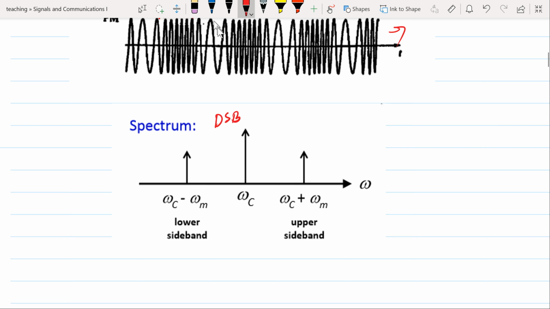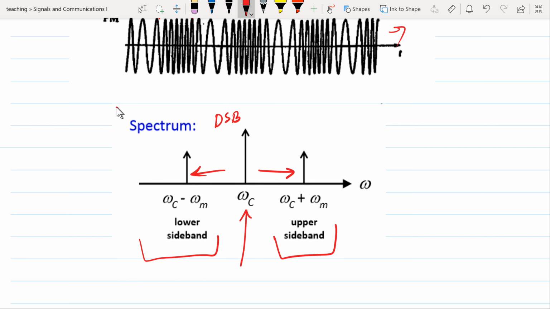What this means is that if this was the message, this is the spectrum of the carrier before it has been modulated by the message signal. After the carrier has been modulated, it is going to be translated. This is the idea of translation, that we are going to have two sidebands, one on the upper and the other on the lower side.